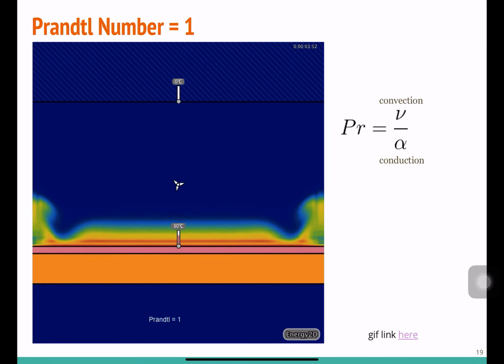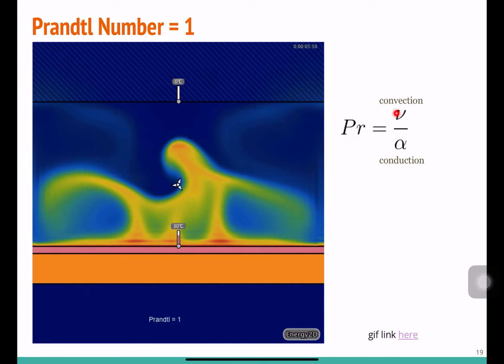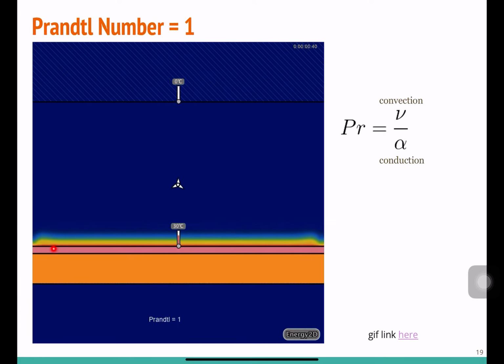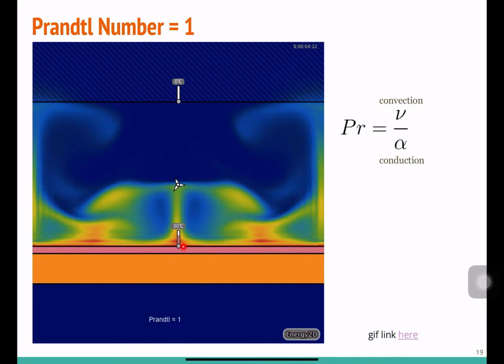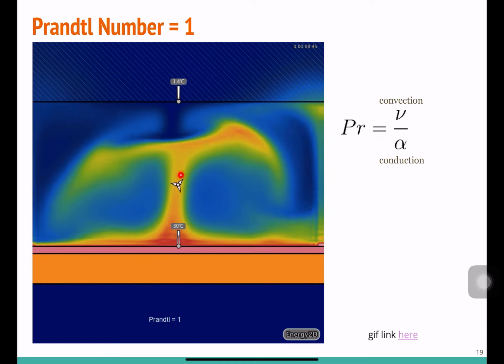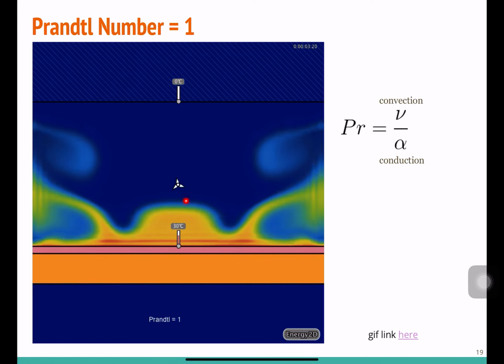And then the next one, the Prandtl number is 1, which means that convection is stronger in this case. You can see that when we have a hot surface on the bottom, the heat is transferring up by convection, and there are eddies in this fluid.